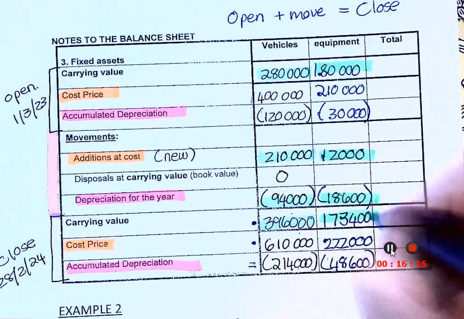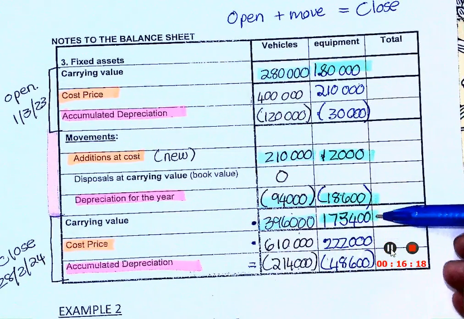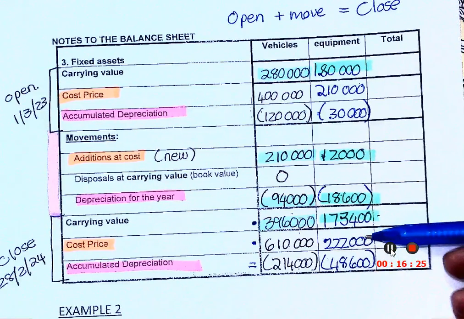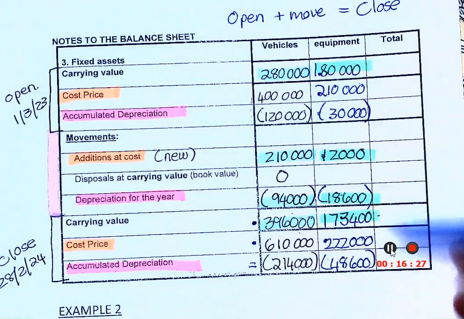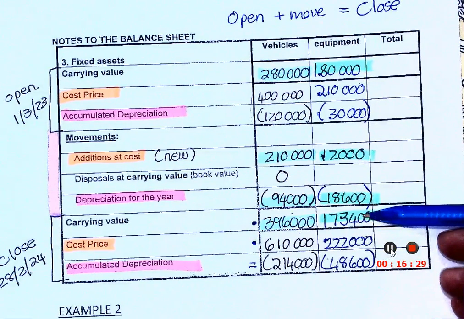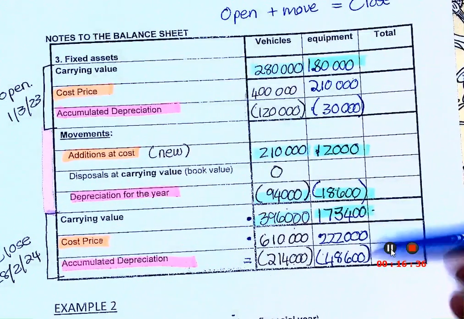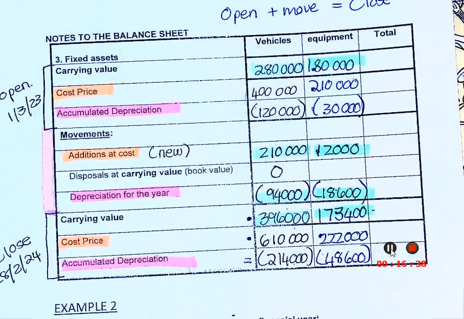Okay, who can give me another way that I can get the 173? Yes. That's it. Well done. The cost price less the accumulated will give me that one. Okay? And you can also see that's 173 less the 222 will give you the 48.